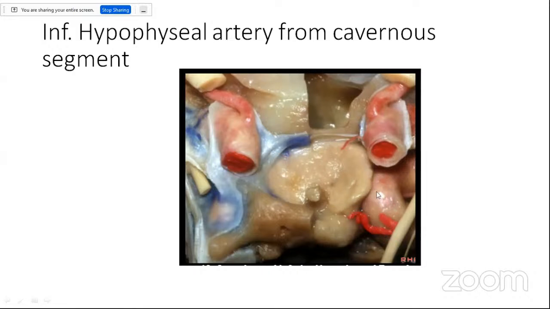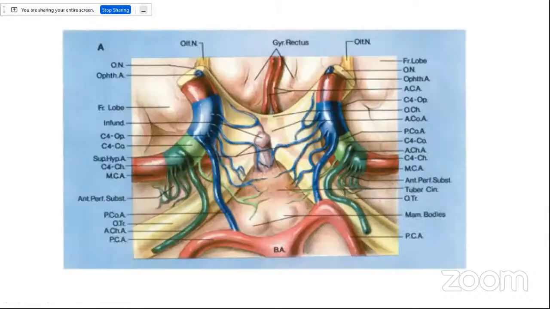So this was the cavernous segment, which then arises proximally to form the clinoidal segment. Then it becomes the ophthalmic segment. The ophthalmic segment gives off the superior hypophyseal artery, whereas this inferior hypophyseal artery, which is appreciated in this coronal view, is coming up from the cavernous segment.